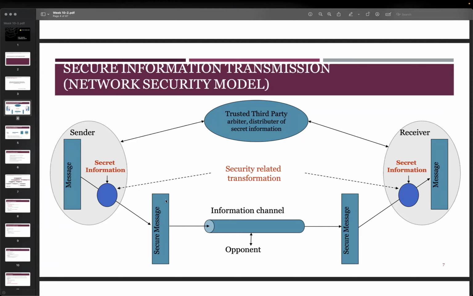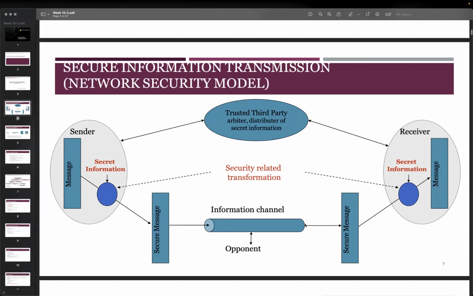When we send it through an information channel, we try to encrypt it, so we secure the message.